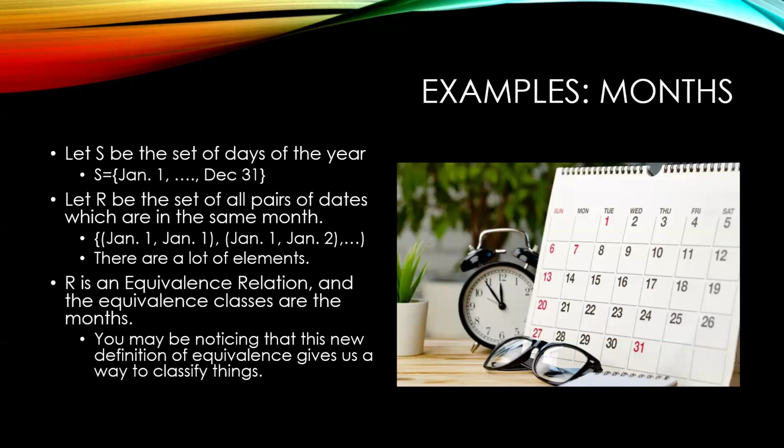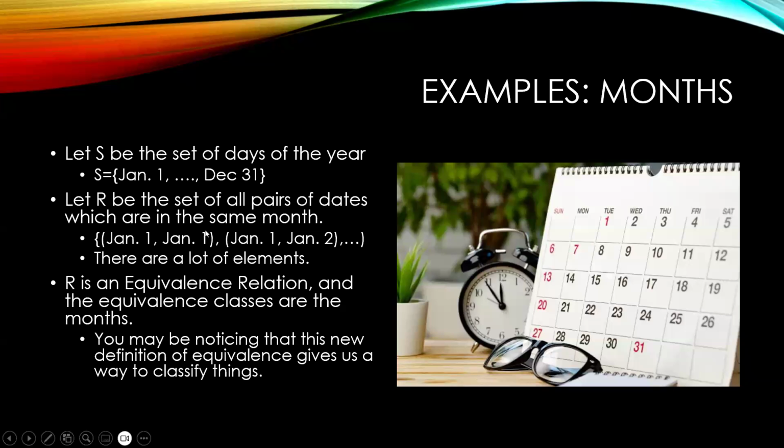Another example is months. Let S be the set of days of the year, January 1st all the way through December 31st. If you want to include a leap year, go for it. It doesn't matter too much in the context of this problem. Let R be the set of all pairs of dates which are in the same month.